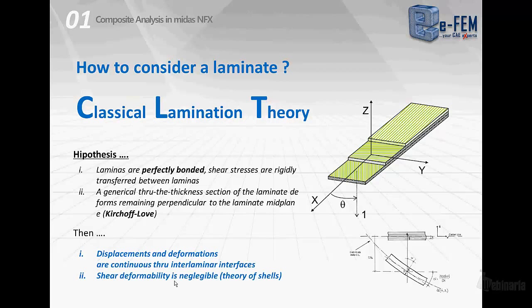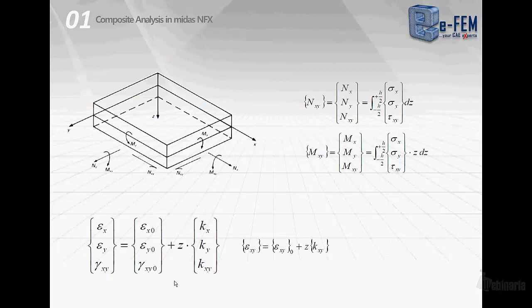If these two hypotheses hold, we can say that displacement and deformation are continuous through the interlaminar interface, and that the shear deformability is negligible for the laminate. So we can use the theory of shells.